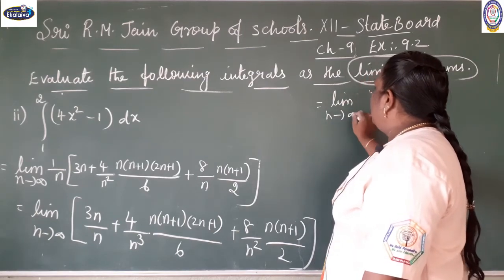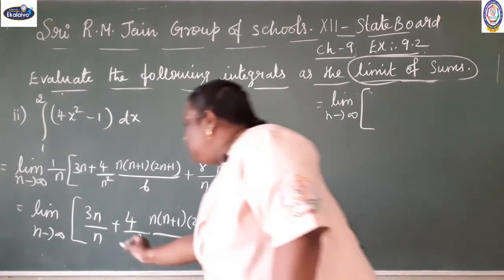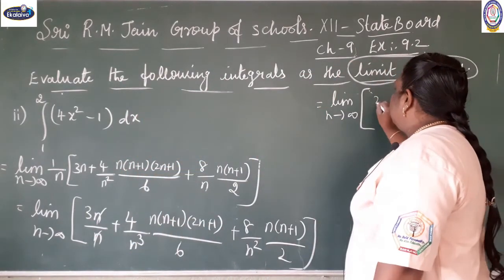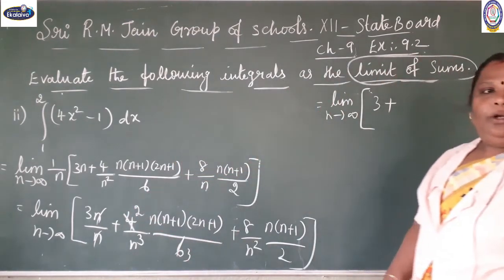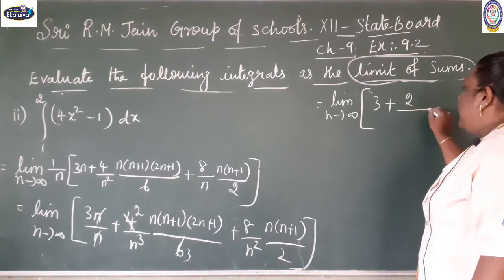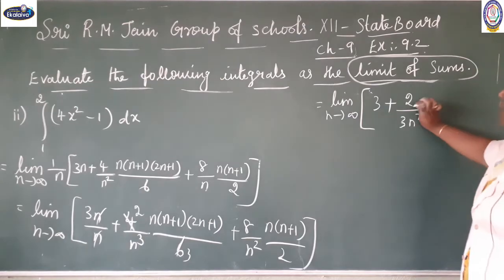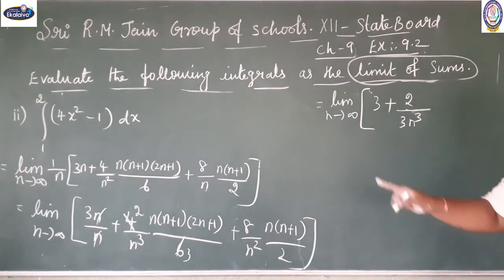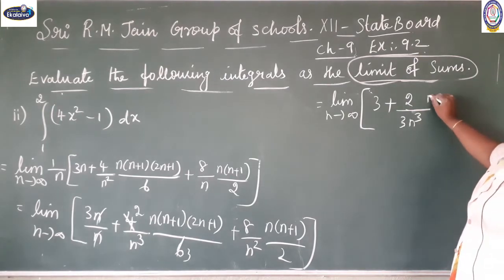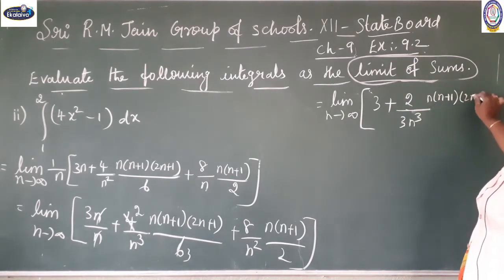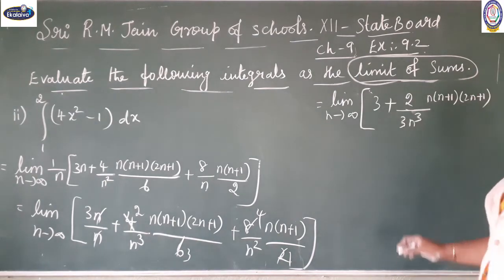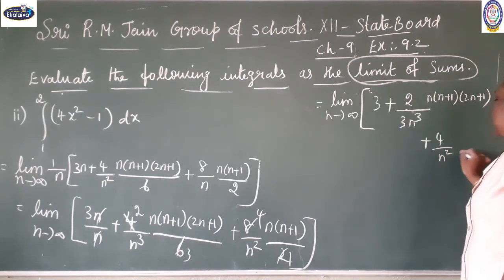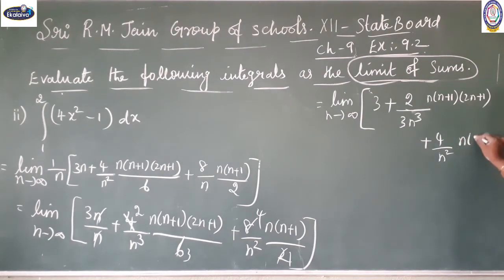Limit n tends to infinity, n gets cancelled, so the value is 3 plus 2 by 3 n cube, 4 by n square into n into n plus 1.